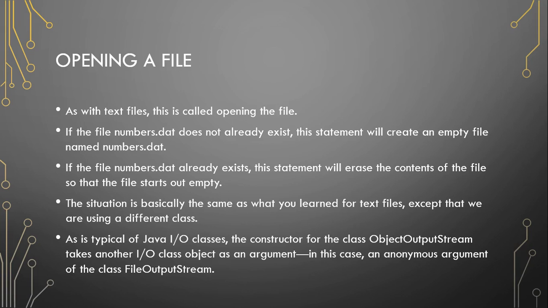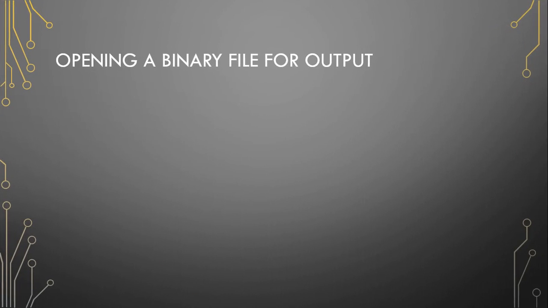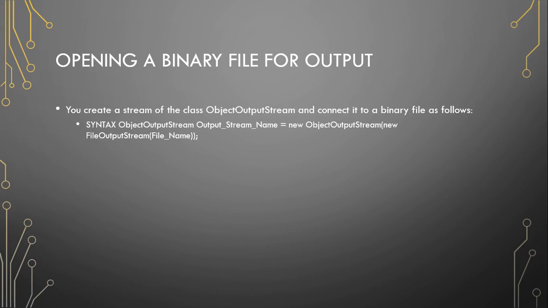As is typical in Java I/O, the constructor for the class ObjectOutputStream takes another I/O class object as an argument. In this case, an anonymous argument of the class FileOutputStream. All right, now let's see exactly how you do that for a binary file. You're going to create a stream of the class ObjectOutputStream and connect it to a binary file using the following syntax: ObjectOutputStream outputStreamName = new ObjectOutputStream(new FileOutputStream(fileName)).